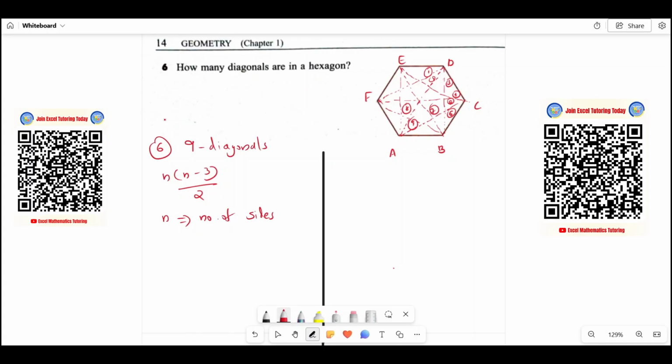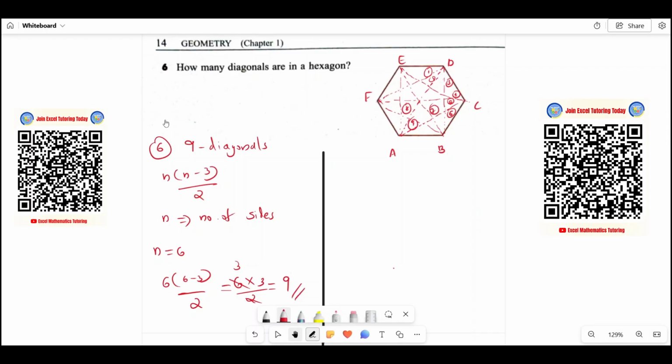For a hexagon, n equals 6, as 6 sides are there. So 6 into 6 minus 3 divided by 2. So this is 6 into 3 divided by 2, which means 3 multiplied by 3. So 9 diagonals are possible.